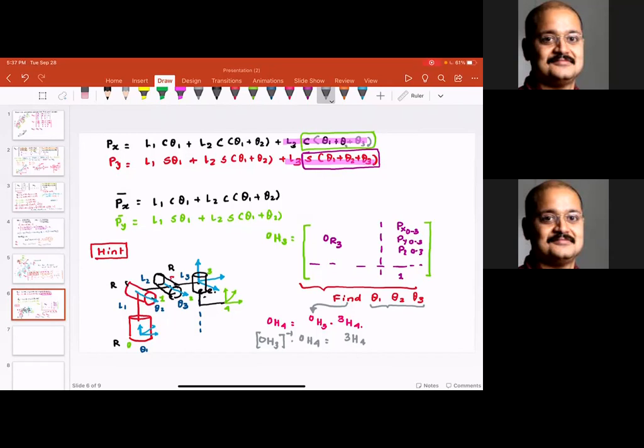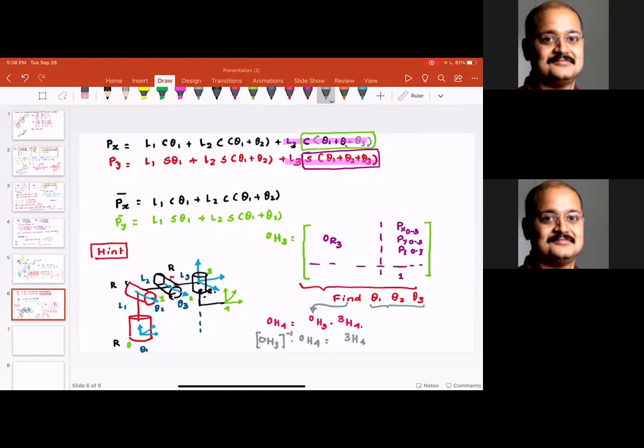0h3 is completely known because we found theta 1, theta 2, and theta 3. Do you agree with me? 0h3 can only contain theta 1, theta 2, and theta 3. It cannot contain theta 4. Do you agree with me?